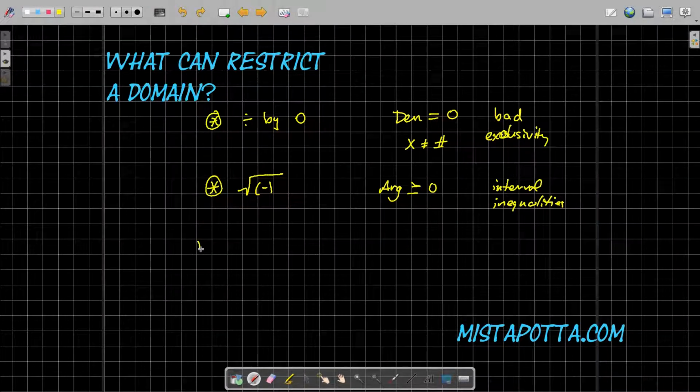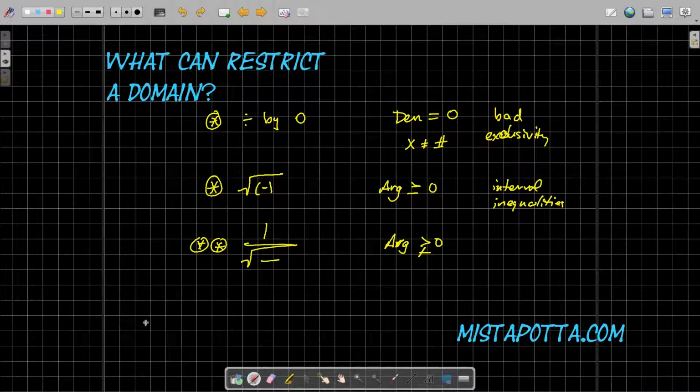Now keep in mind that I could have 1 over the square root of something. And if I had 1 over the square root of something, then my argument would have to be strictly greater than 0. I'm not going to have the equality part of it, because the equality part would actually violate dividing by 0 up here.